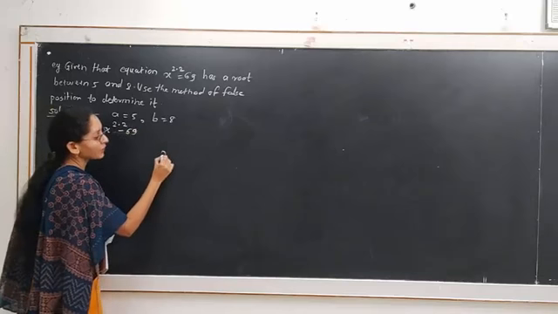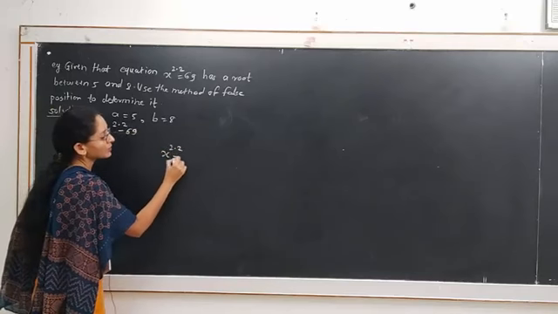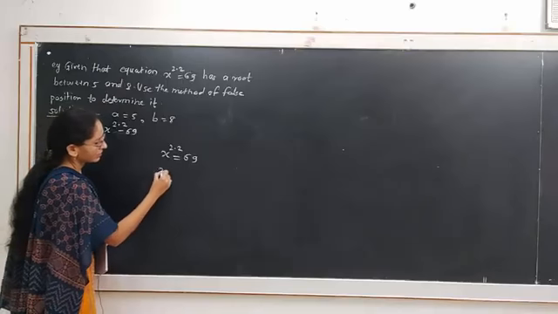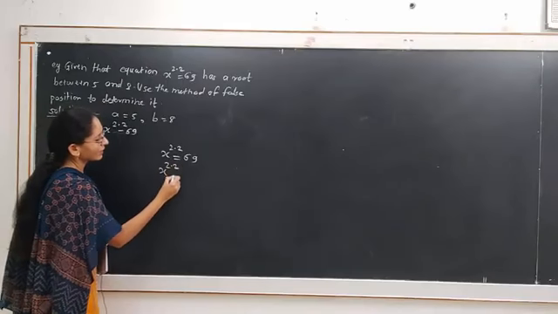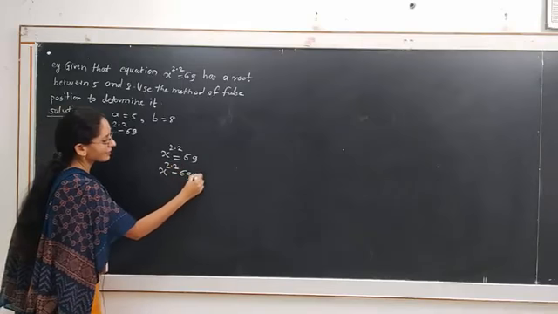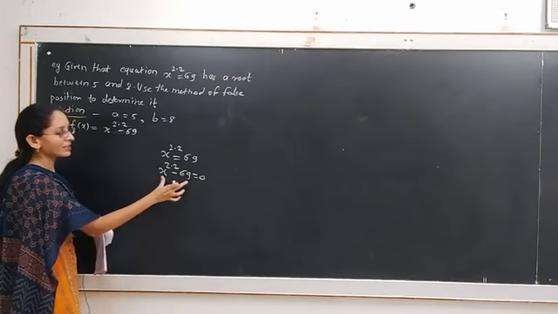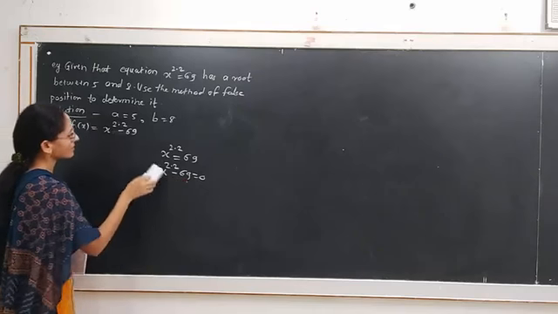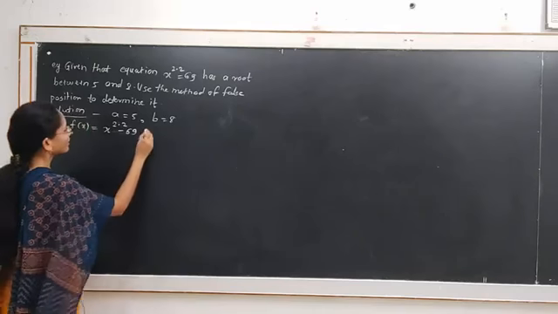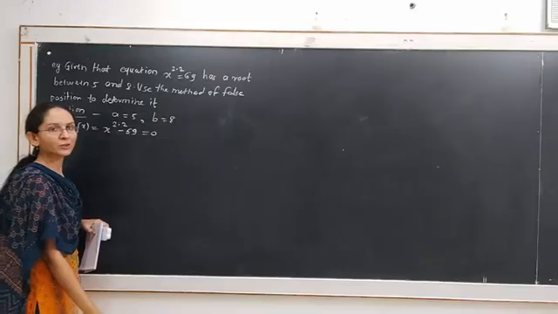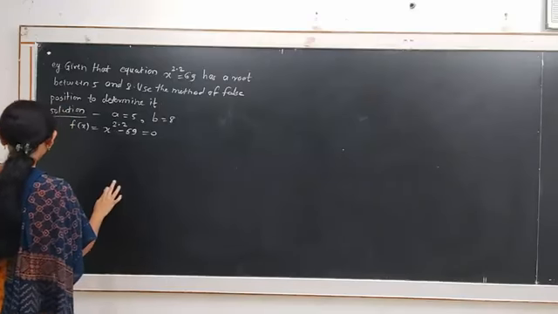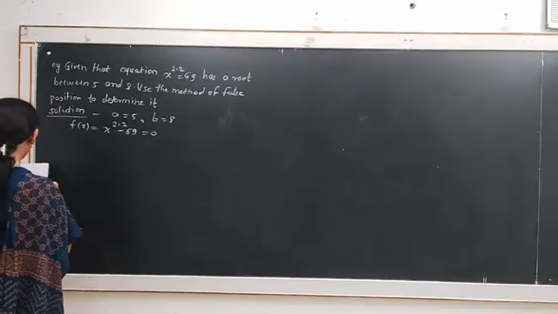As we have to solve the equation x raised to 2.2 equal to 69, it means that we solve the equation x raised to 2.2 minus 69 equal to 0, and consider this as a function of x. We solve f of x equal to 0 by regula falsi.